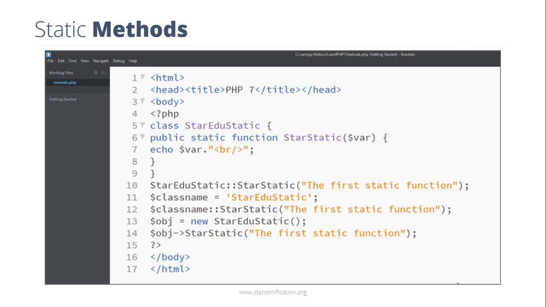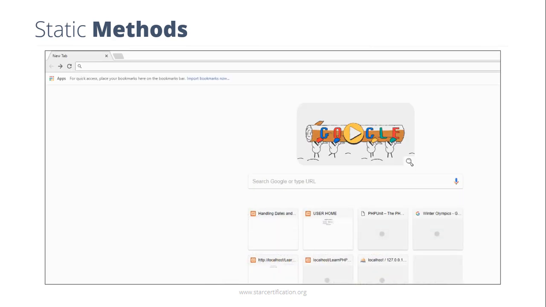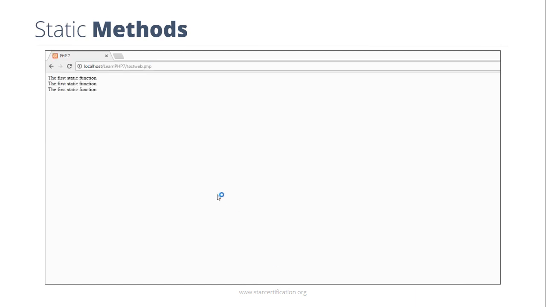The methods declared as static do not allow the use of $this keyword inside their function definition. Though it is not required, the object of the class in which a static method is declared can call static functions. The output shows the implementation of static methods.